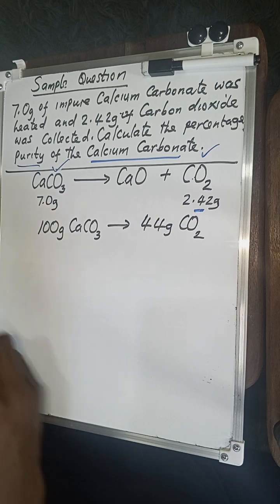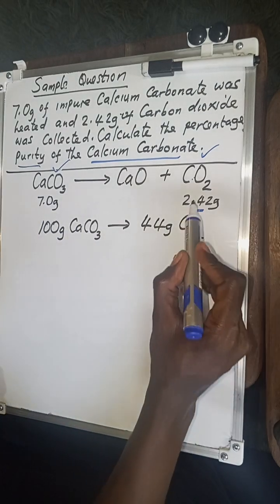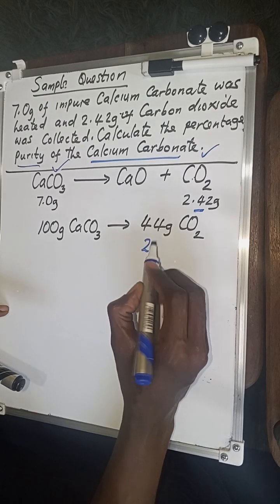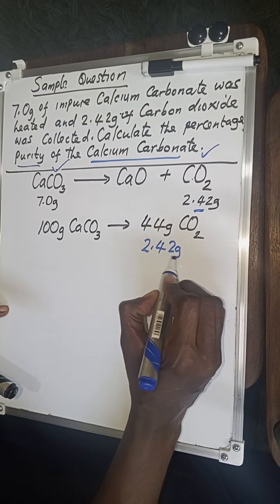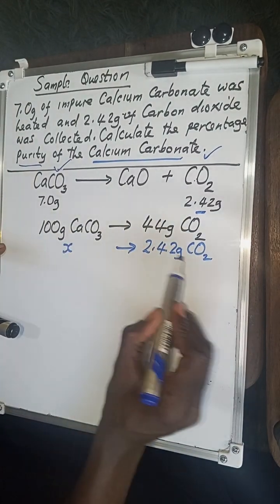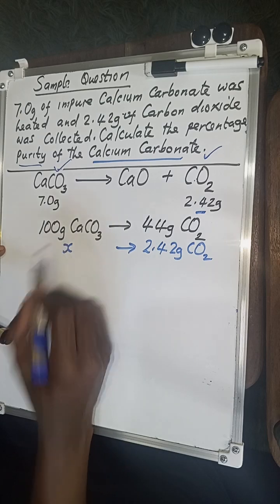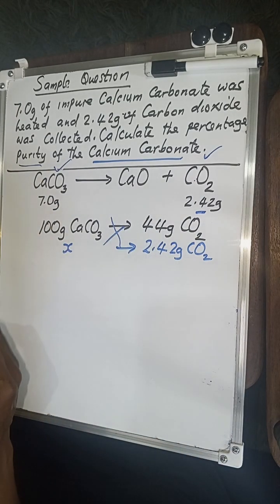Now, because I wanted to know the mass that was pure in there, I'm going to say, suppose this 2.42 grams of carbon dioxide was produced, what mass of calcium carbonate produced this? We don't know, so we'll cross multiply this times that.